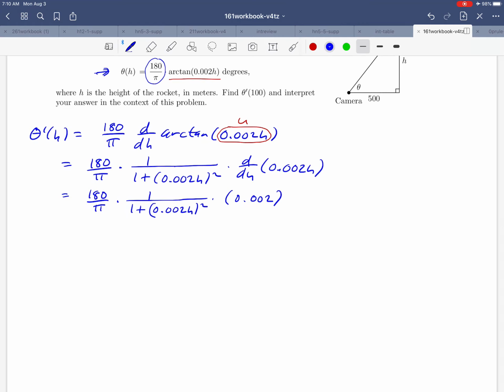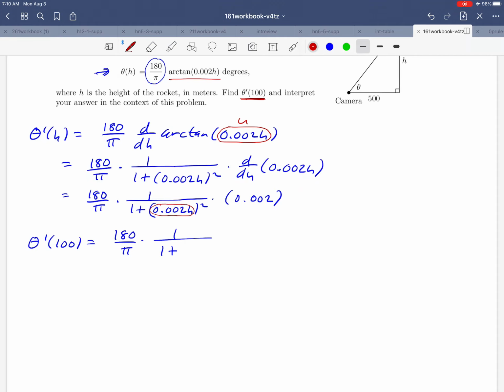Next step is to calculate the derivative at the number that they asked us for. They want us to find theta prime of 100. That just means we're going to take 100 and substitute it in for h everywhere. What do you get if you substitute h equals 100 in here?